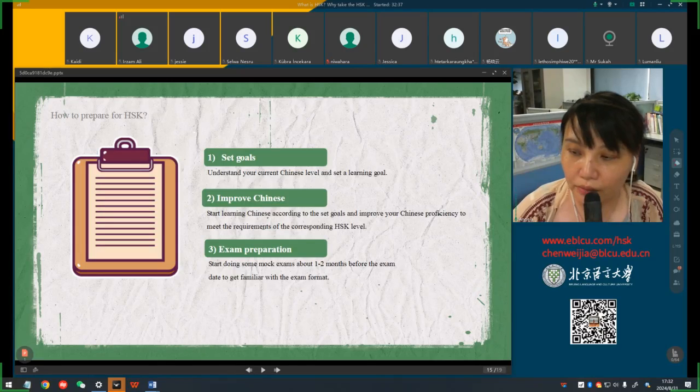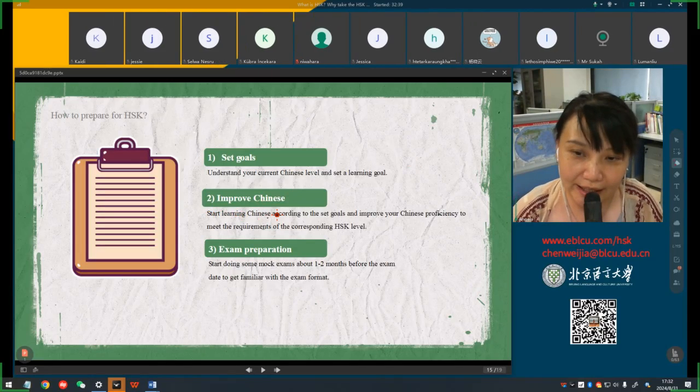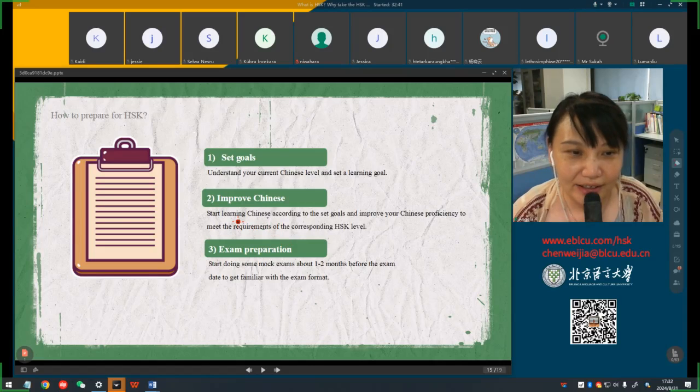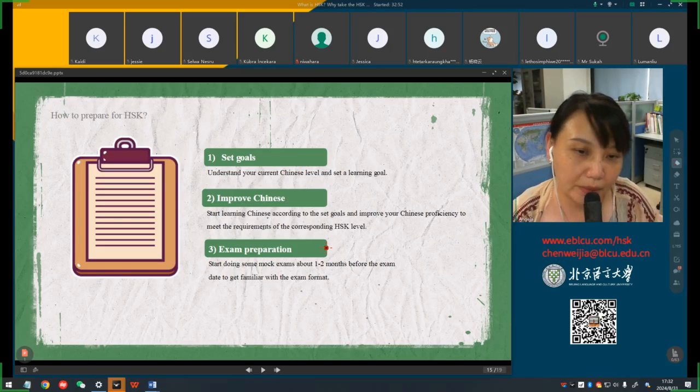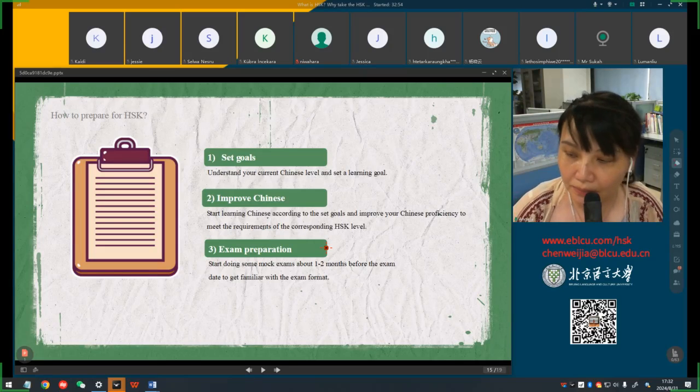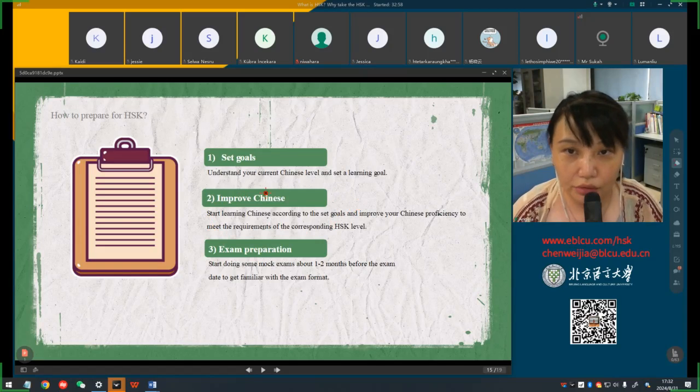And step 2, you need to improve your Chinese. Start learning Chinese according to the goal that you set and improve your Chinese proficiency to meet the requirements of the corresponding HSK levels. So that's the most important part, to improve your Chinese level first.